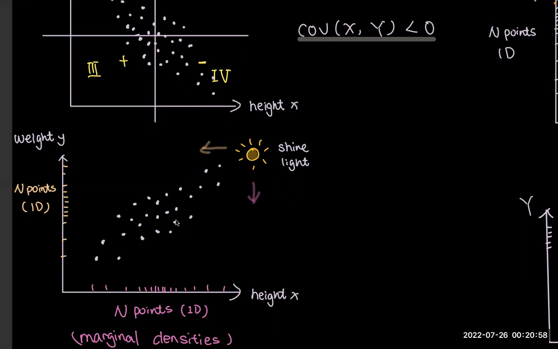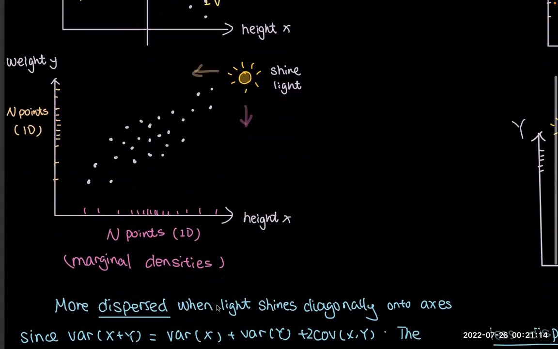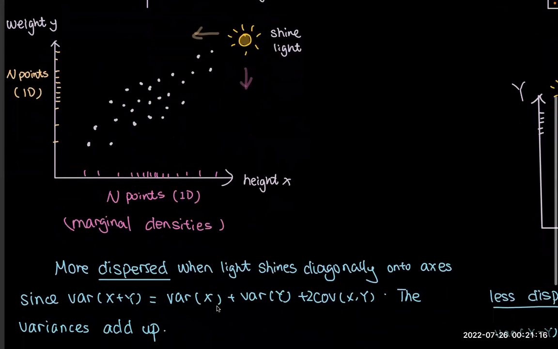Similarly, you can project the points onto the y-axis, and you get the marginal density, from which you can get the density as a mathematical description. So this is the marginal distribution.